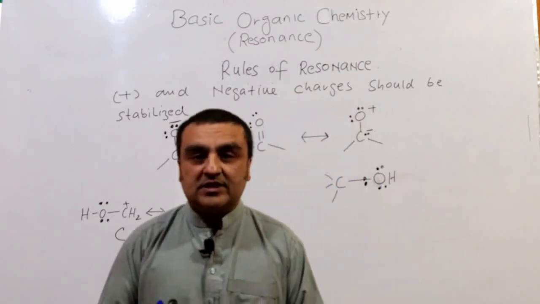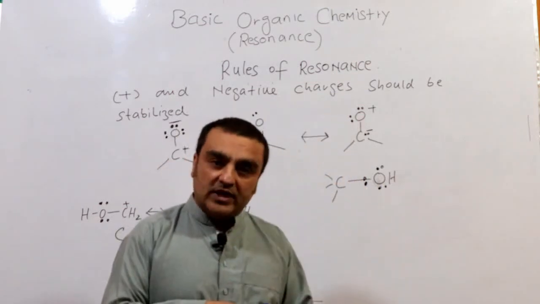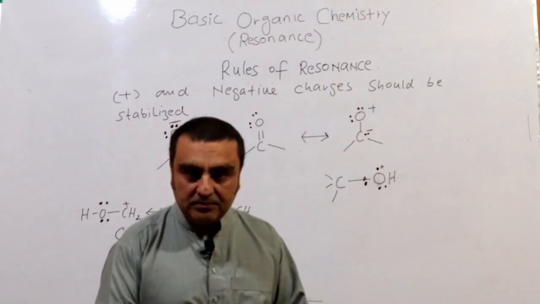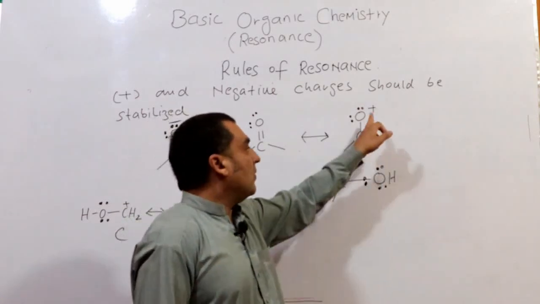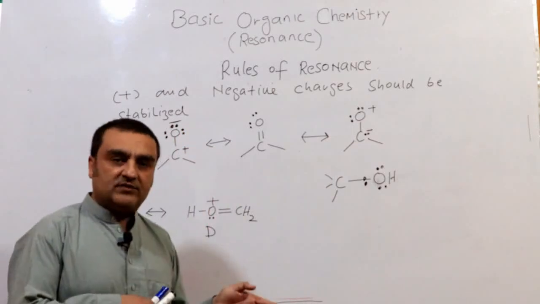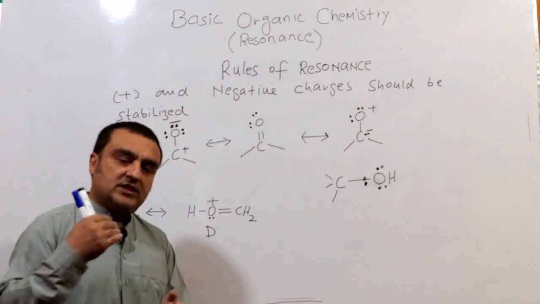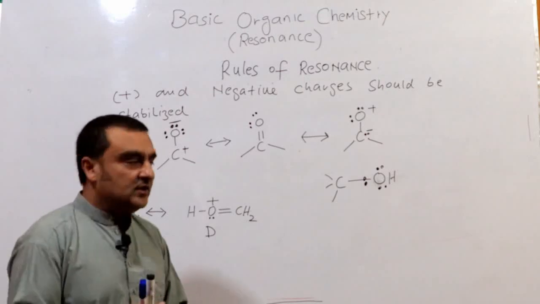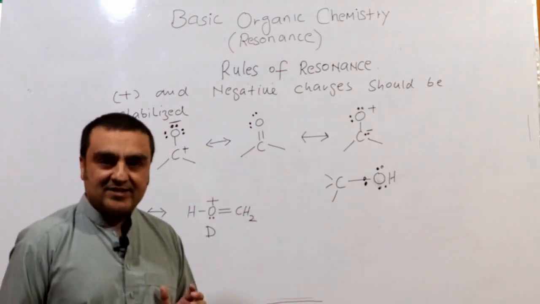Now you have to write a structure in which the octet of the more electronegative atom is complete. As you complete the octet of the more electronegative atom, it acquires a negative charge. So the rule states: write a negative charge on the more electronegative atom.